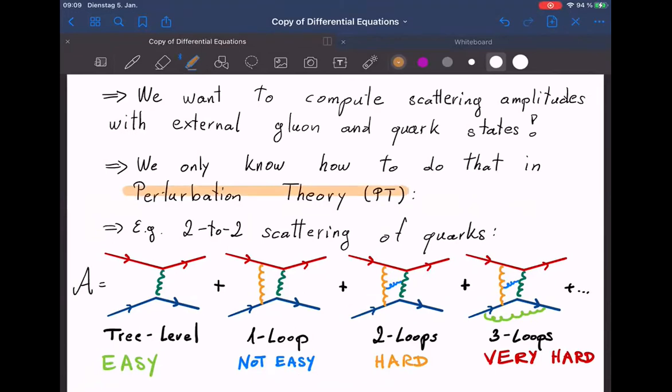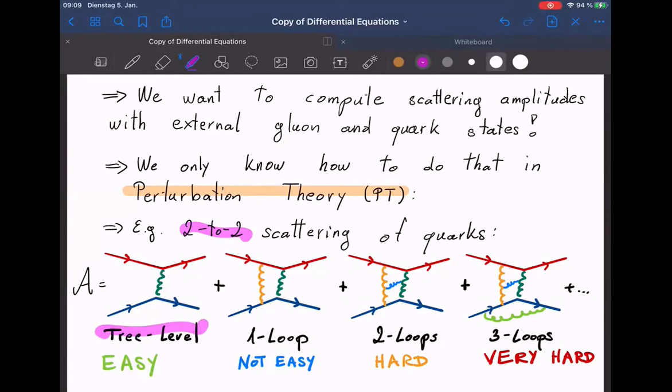So perturbation theory, as I guess you know, assumes that the theory has a small coupling constant, and you organize the calculation as an expansion in the small coupling constant. For example, if you think about 2-to-2 scattering, then we know that the leading order term, or tree level, corresponds to all tree diagrams.